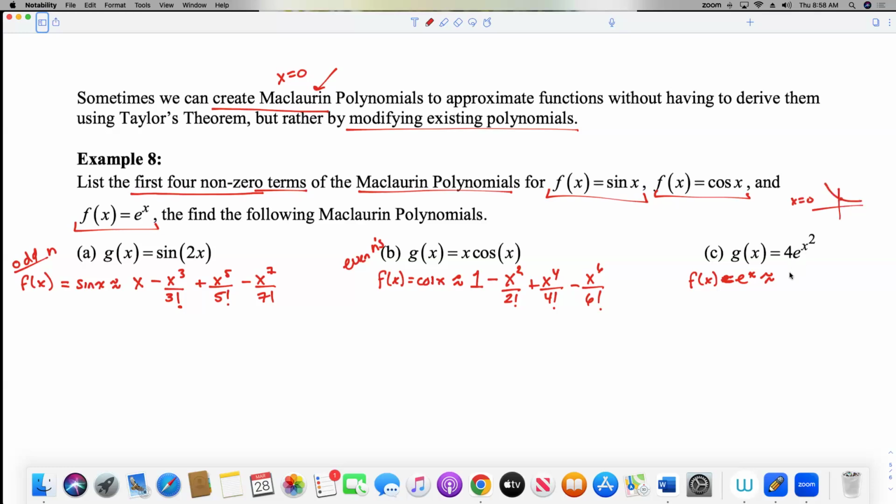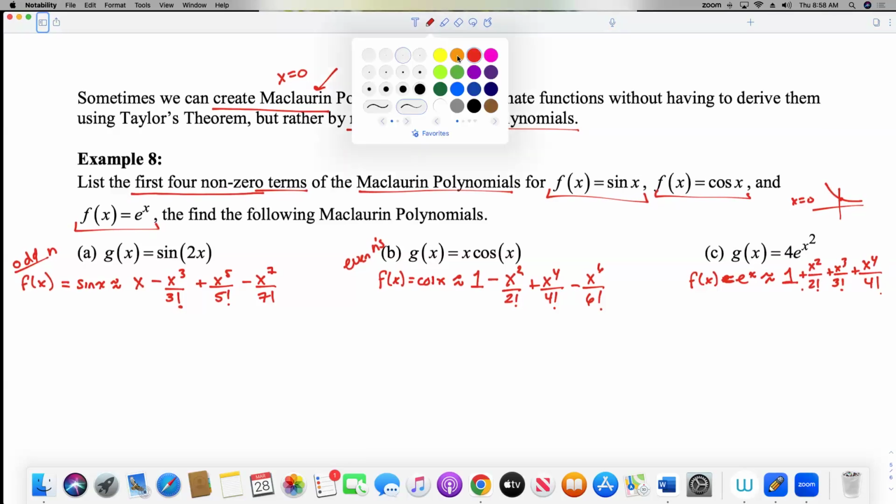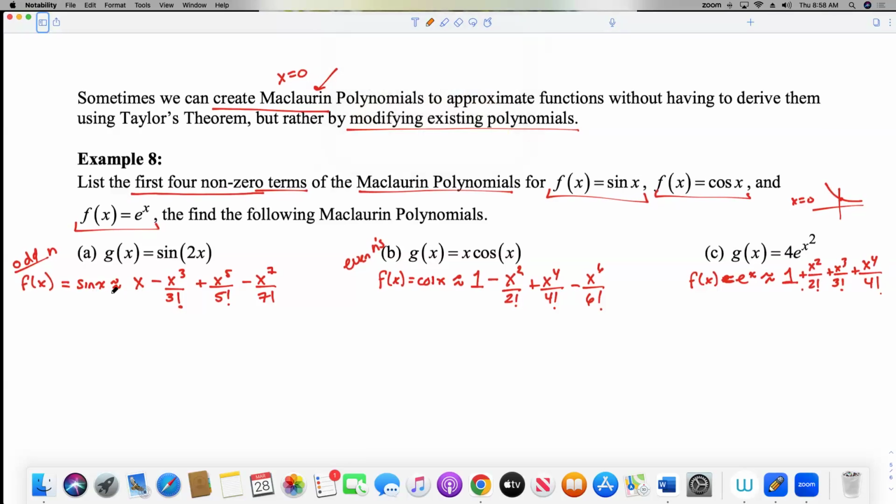So starts at 1. And it's just all of them, and they're all positive. So 1 plus x plus x squared over 2 factorial plus x cubed over 3 factorial plus x to the 4th over 4 factorial. First 4 terms.